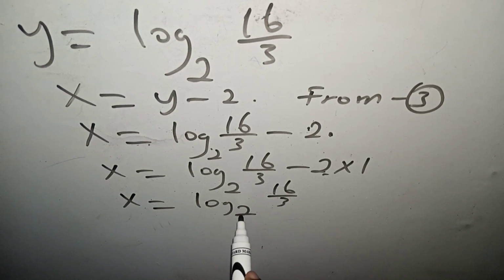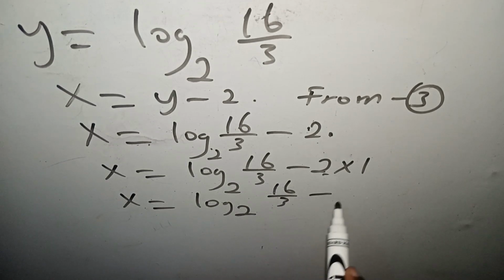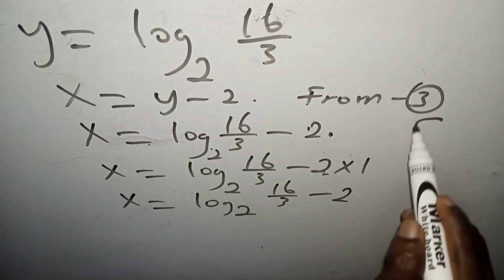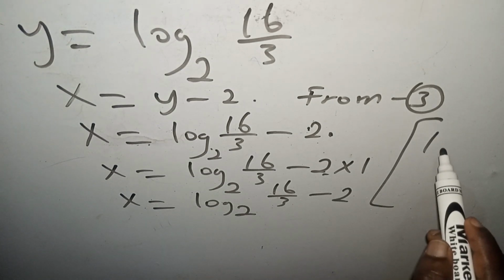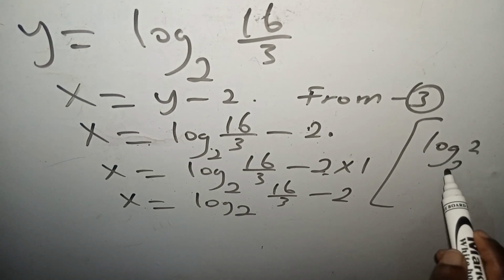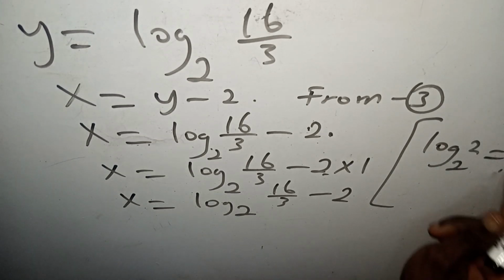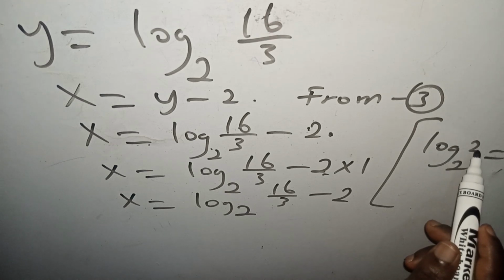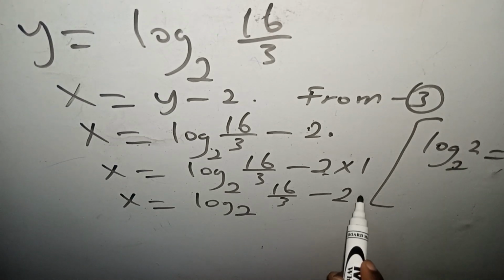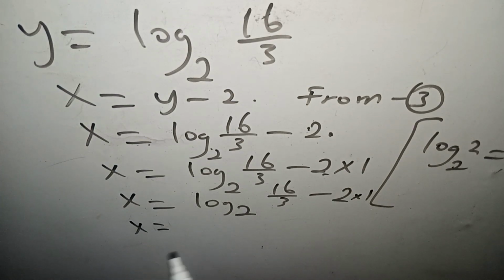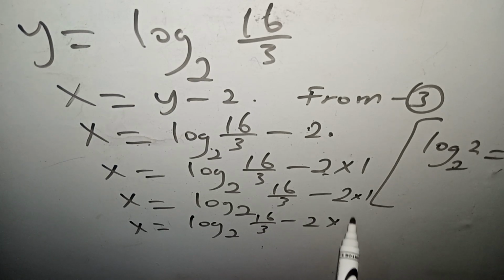I recall we said log 2 to base 2 is also equal to 1. So at this point we are going to put log 2 to base 2 in the place of this 1. So our x is equal to log 16 over 3 minus 2 times log 2 to base 2.